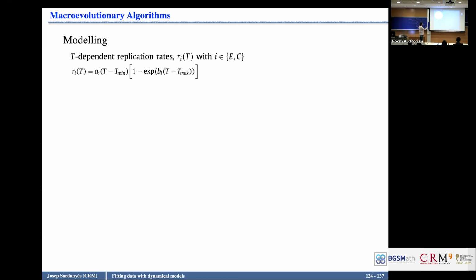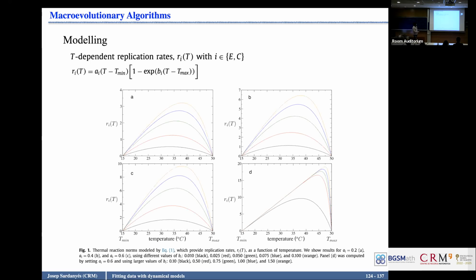With this temperature, we need to define a minimum T and a maximum T, and then we have these two parameters A and B. Mainly A determines the height of this function, the magnitude of the effect of temperature on replication, and B is how symmetric this function is.